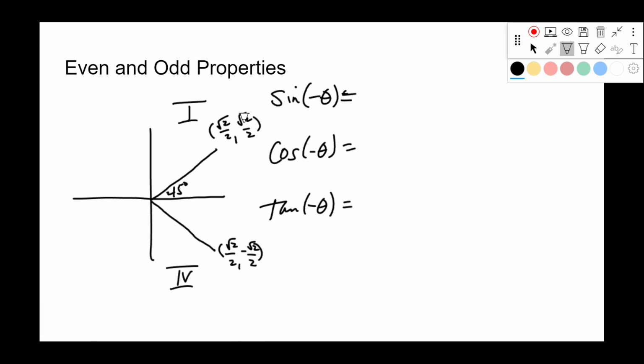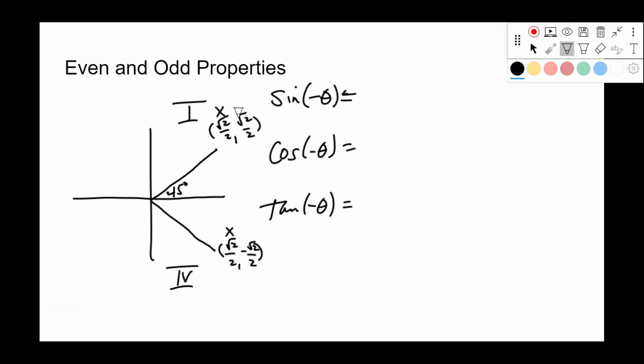And now what I want to do is compare these 2 points with their respective trig functions. Now we understand that sine is the y-coordinate, cosine's x, and tangent's y over x on the unit circle. Let's do cosine first because it's the easiest of the 3. Cosine of negative theta. Well, cosine's the x-coordinate. The cosine of that negative angle, if I go clockwise, is root 2 over 2.